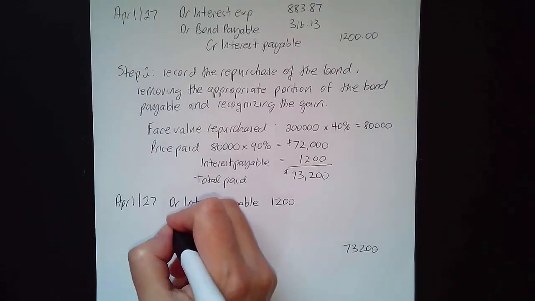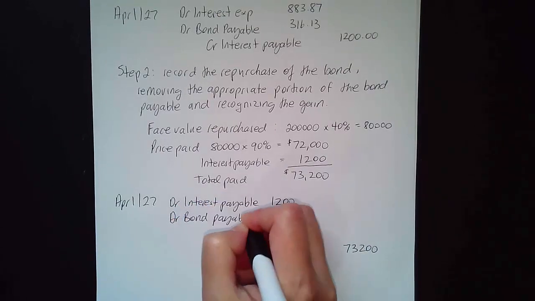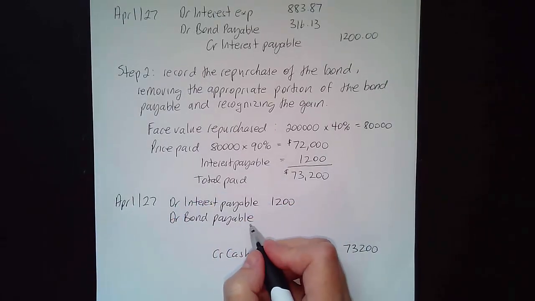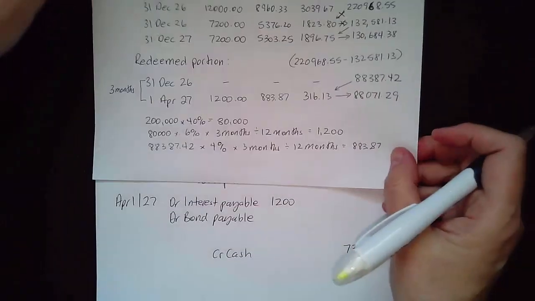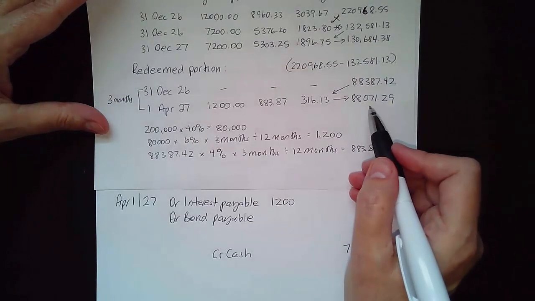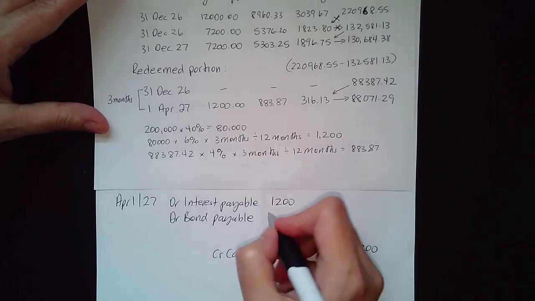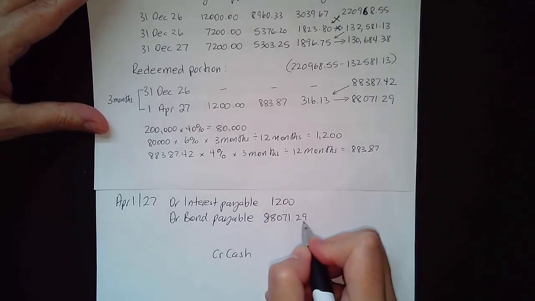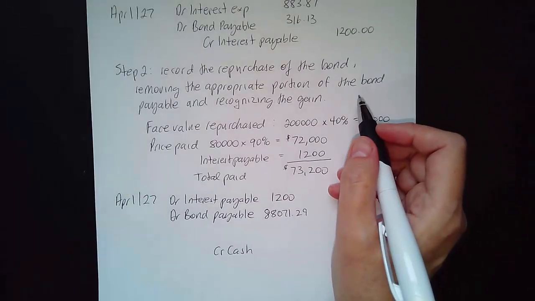We're also going to debit the bond payable for the amount of the bond payable which is going to disappear. And remember, we had that on our previous page. Let's just flip back quickly. We can see on our previous page, here it is. That's the amount of the present value that is going to disappear, $88,071.29. Let's just take this page away.